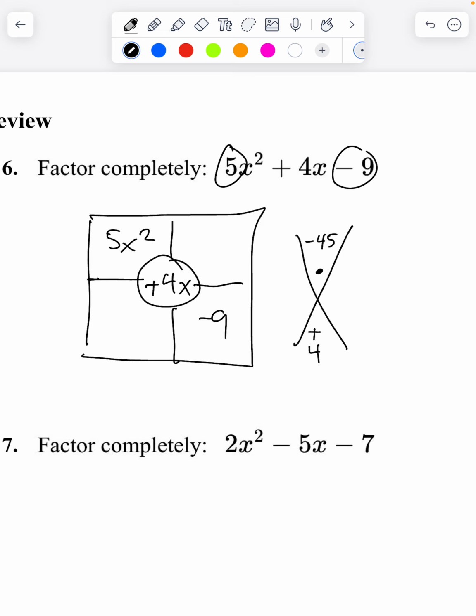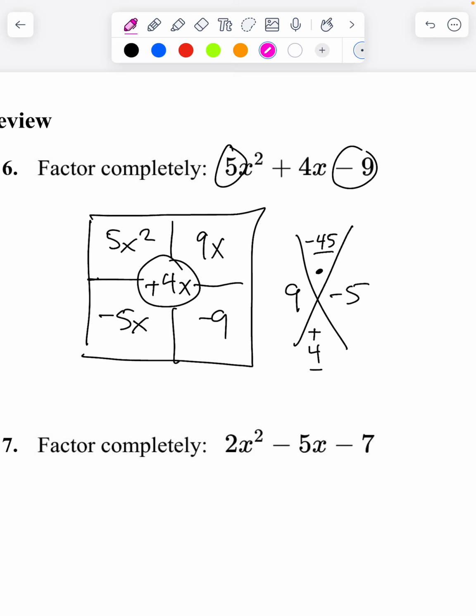So I have to think about what that would be. I believe that would be 9 and negative 5, because 9 times negative 5 gives me negative 45, and 9 plus negative 5 gives me positive 4. So I got 9x, negative 5x.